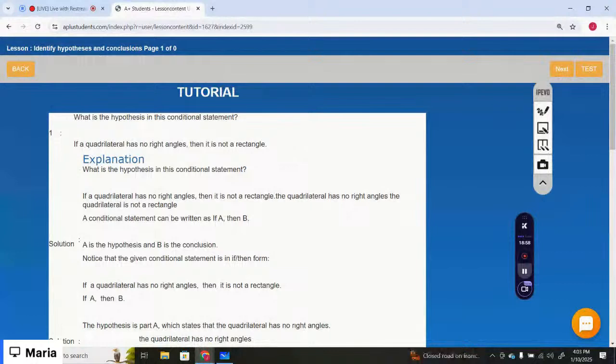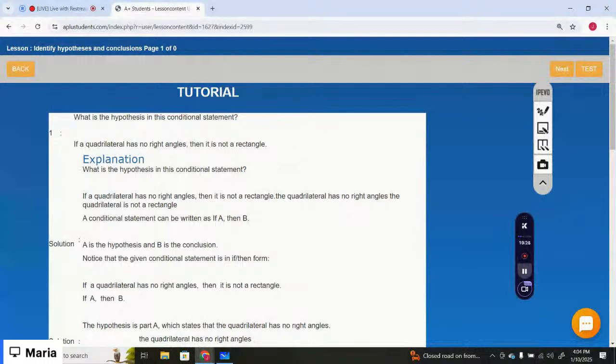If a quadrilateral has no right angles, so a quadrilateral has no right angles is the hypothesis, then it is not a rectangle, that is the conclusion, right? The if part is the hypothesis and then part is the conclusion, and that is a conditional. If is a condition, so that is a conditional statement.